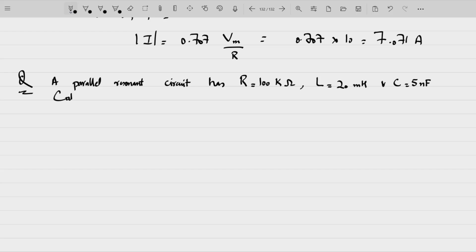Calculate omega naught, omega 1, omega 2, Q, and B.